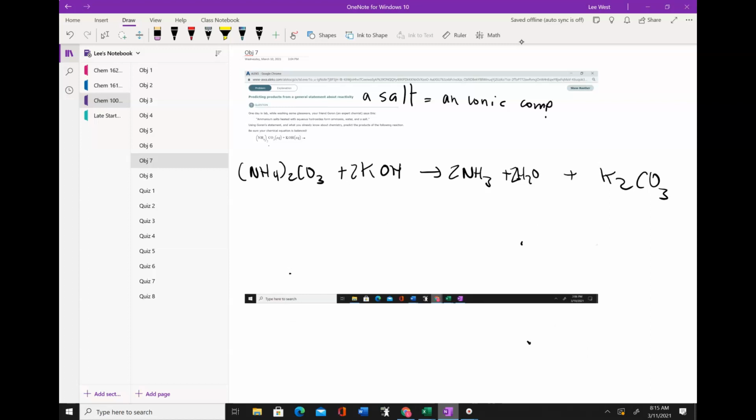Now everything in this case is going to be dissolved in water, so that's going to be AQ. Water dissolved in water we just call liquid water. And then this is an ionic compound dissolved in water, so that would be AQ. So there was water all the way through here. There we go. All right, good.